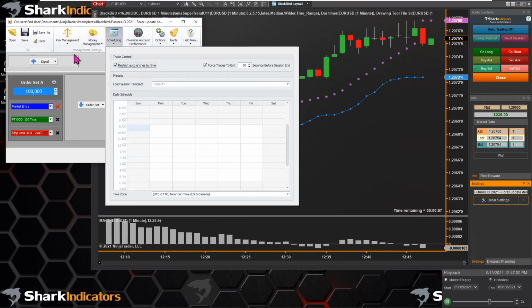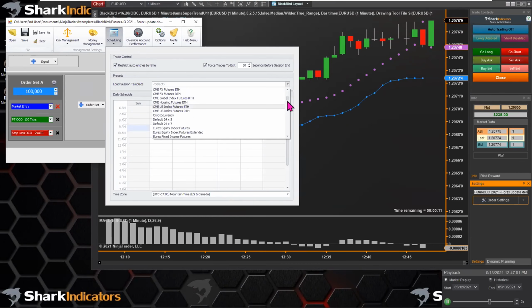When you're building a fully automated system, you probably want to enable scheduling to make sure that BlackBird's only trading during RTH, the regular trading hours, so you're not trading on overnight margin. You can easily set that up.